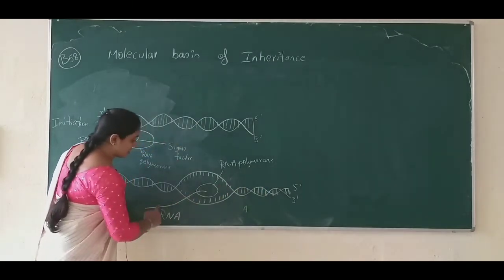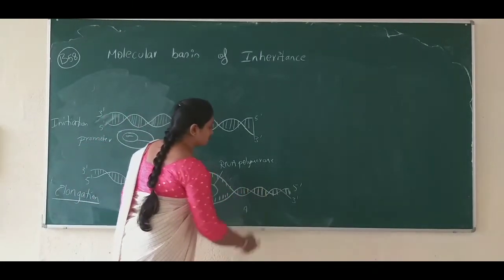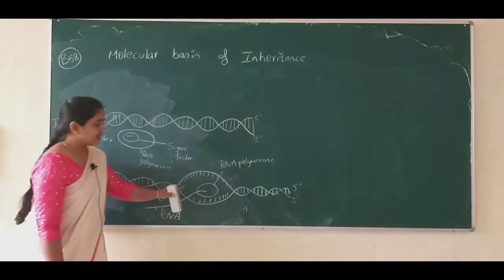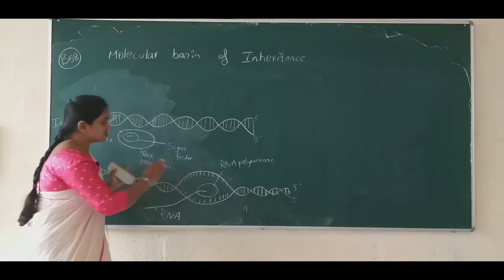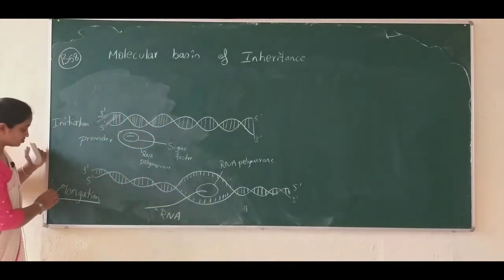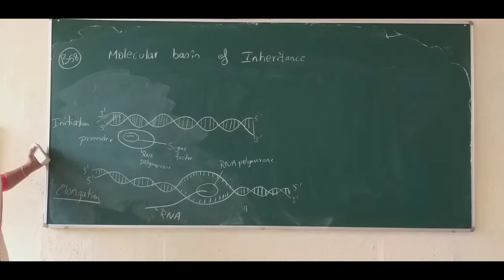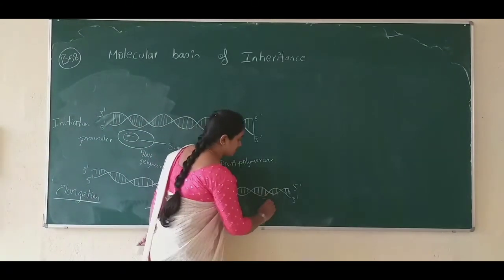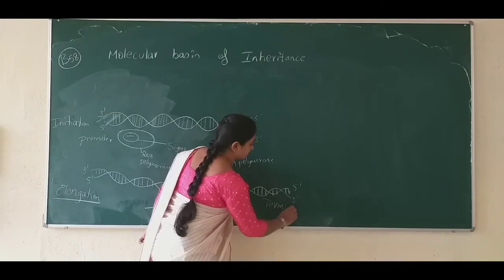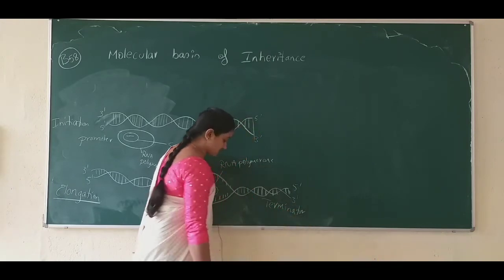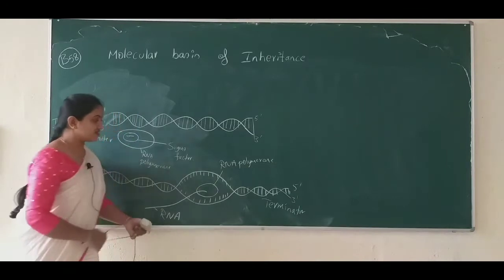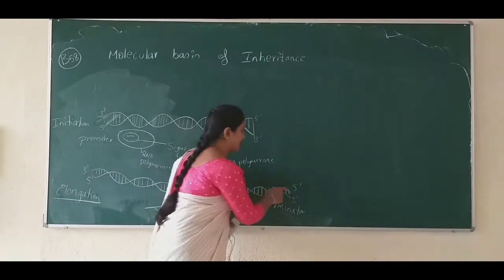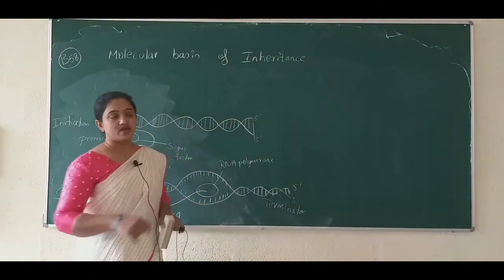With that, the RNA strand also moves with the unwinding process, and this step is known as elongation. And here just mention the terminator region, the terminator gene. It means here it should end its process, right?